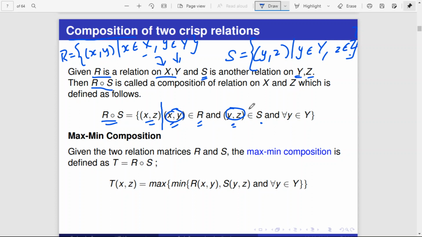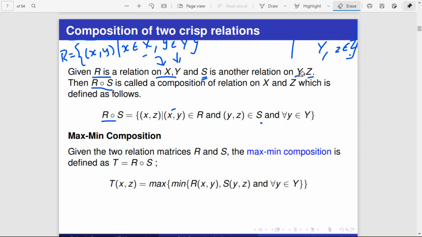So this is how we officially define composition, but let us discuss this example in a simpler way. When you want to work it out, you need not go through this much complexity. There is an easy way to find the composition of two relations.